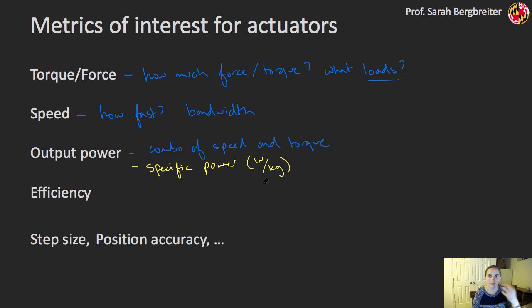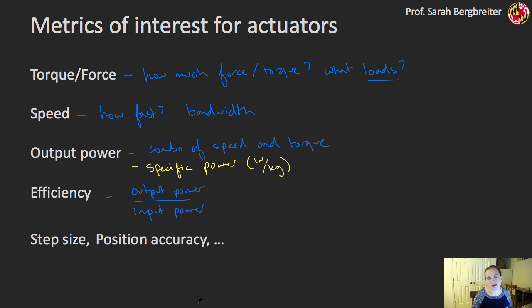So if I want a lot of power in a small package, this would be the metric that I'm interested in looking at. Efficiency, of course, is also very common. In this case, I'm looking at output power, which is often my mechanical output power. So that would be my force times my speed, for example, divided by the input power that I put into the system. So that might be something like the electrical power that I use to drive the actuator.